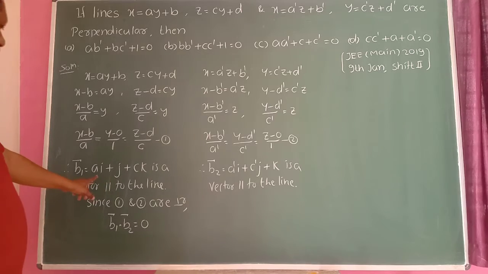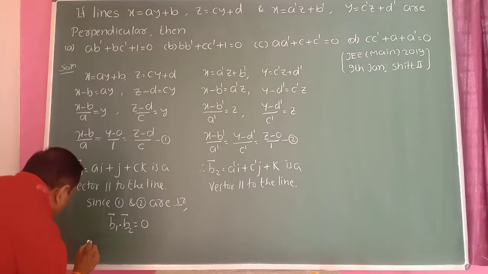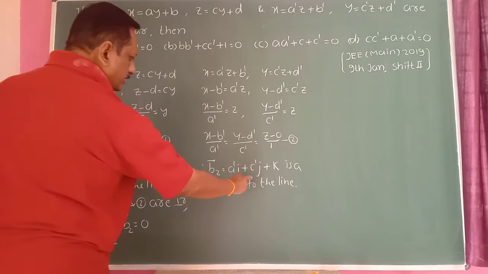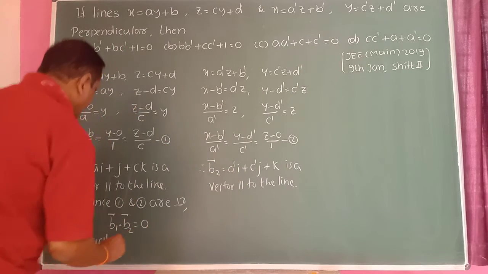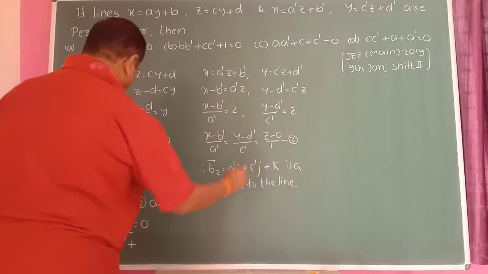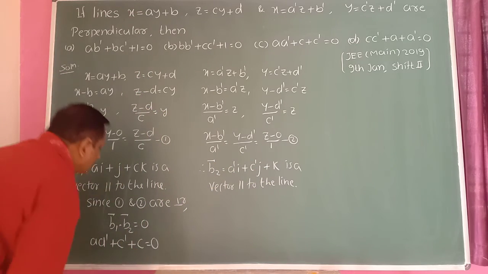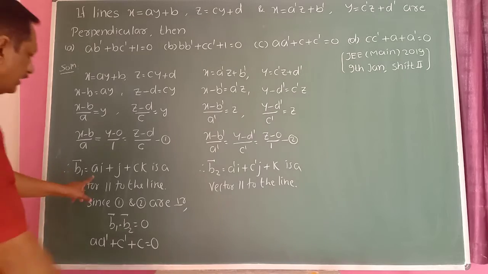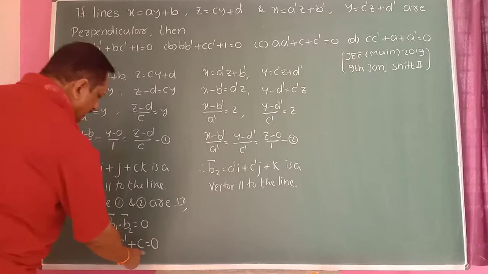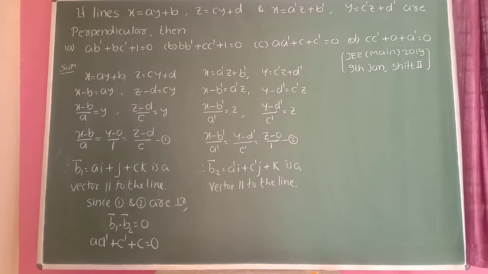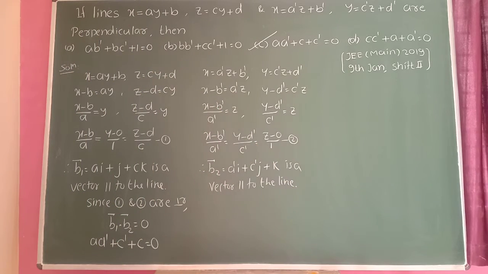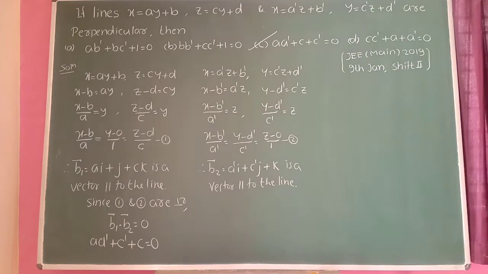So it's a dot product: a·a' plus 1 into c', so 1 into c' is c', plus c into 1 is c, that is equal to 0. So a' + c' + c = 0. In this case, c is the correct option here. a' + c' + c = 0 is the correct option.